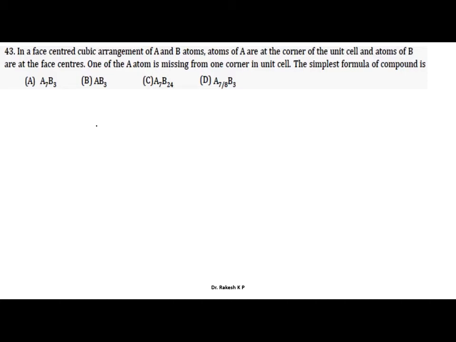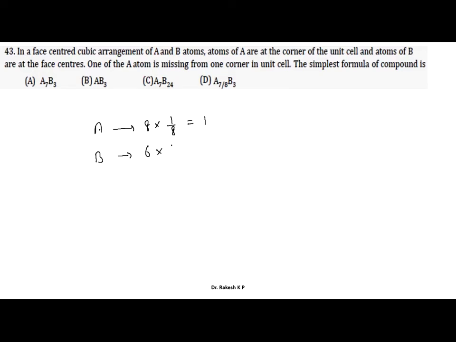The A atom is present at the corner of the FCC. There are 8 corners, and each corner's contribution is 1 by 8. Okay, let me write this one as it is here. Then the B atoms are at the face centers. That means there are 6 faces in the cubic system here.